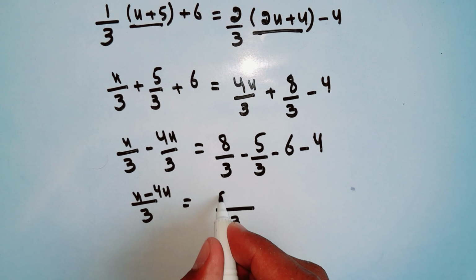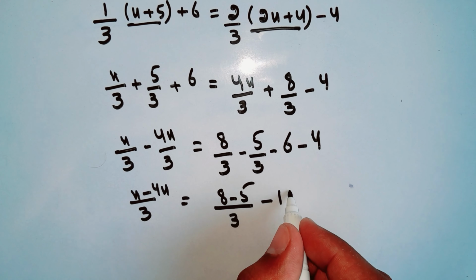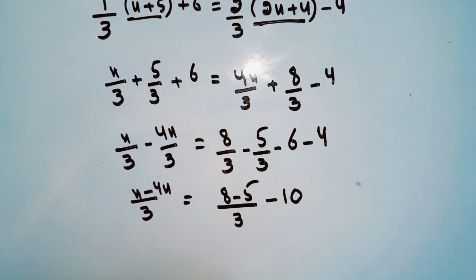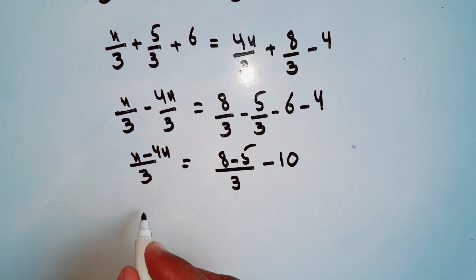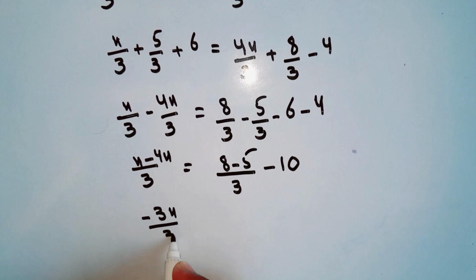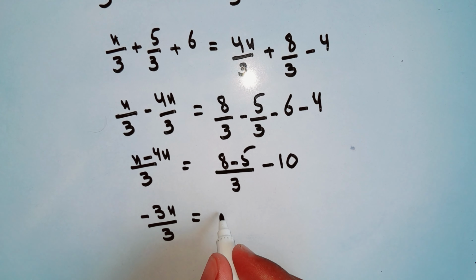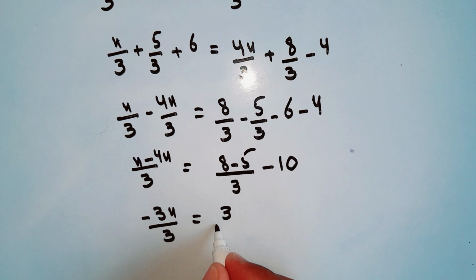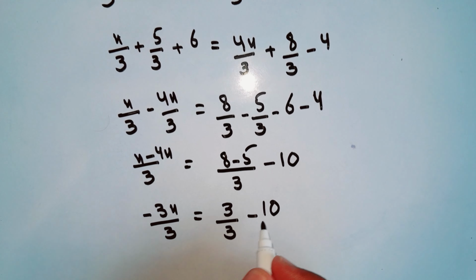So now here we write 8 minus 5 and minus 10. Minus 6 minus 4 equals minus 10. So now x minus 4x equals minus 3x/3 equals 8 minus 5 equals 3/3 minus 10.